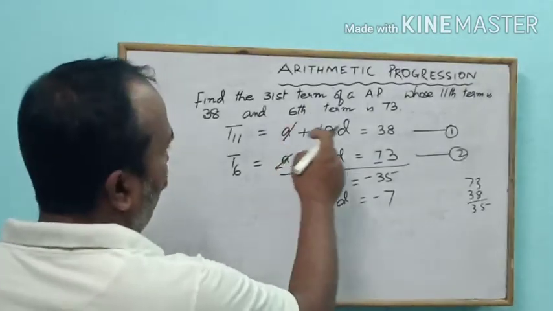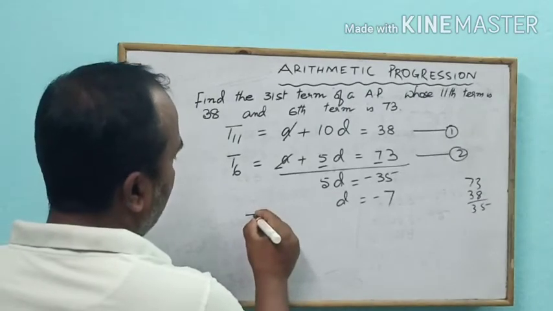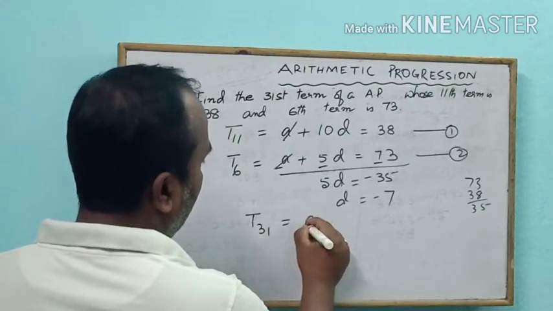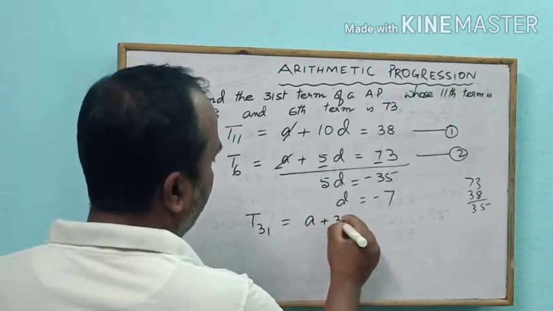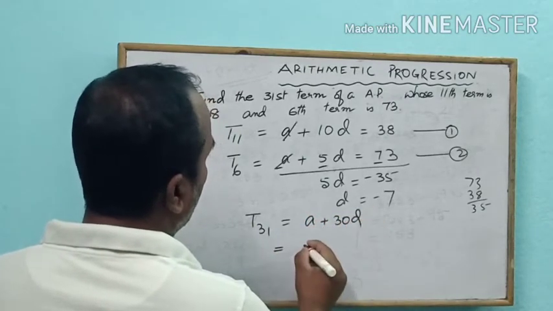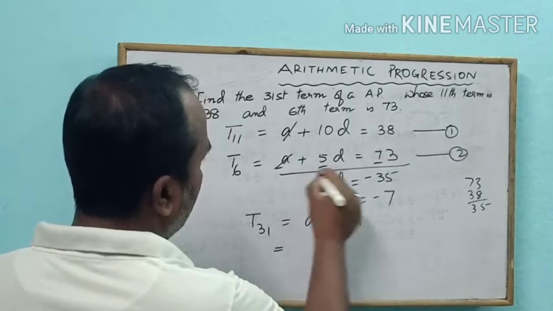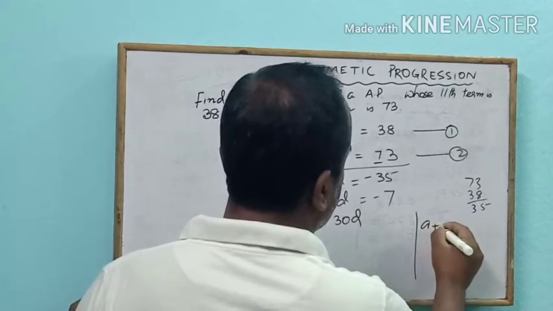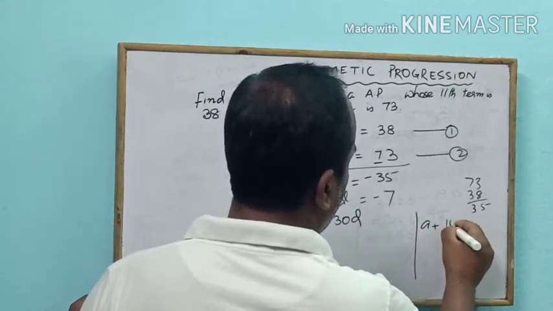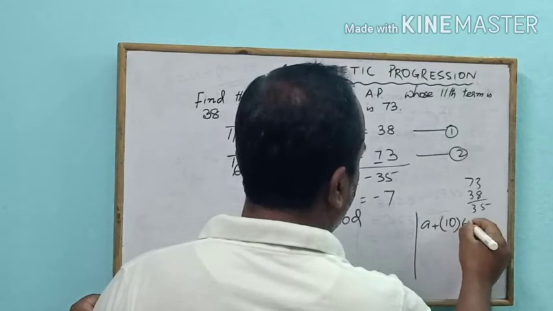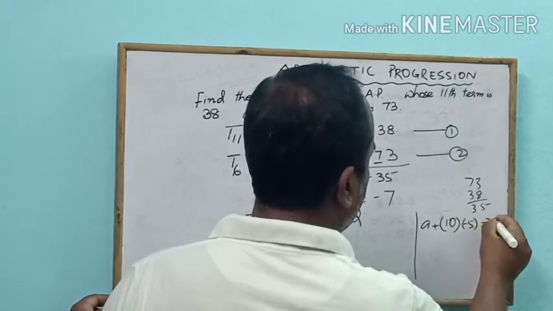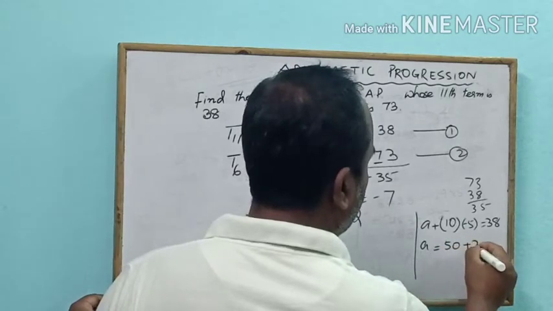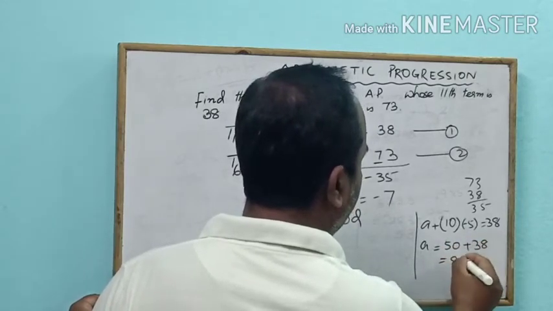So 31st term T31 will be A plus 30D, or A we have not yet calculated, so we will calculate A also here. We will put the value, A plus 10D, 10 into minus 7 is 38, or A is equal to 70 plus 38, that is 108.